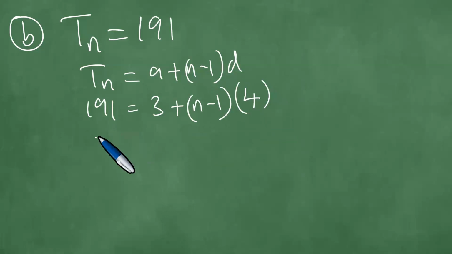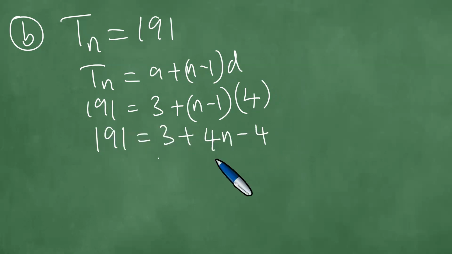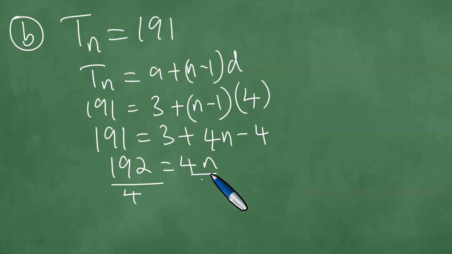Okay, so 191 is 3 plus 4n minus 4. What is 3 minus 4? It's minus 1. You bring it across, it's 192, which is 4n. At this point, you divide by 4 on the left and 4 on the right.